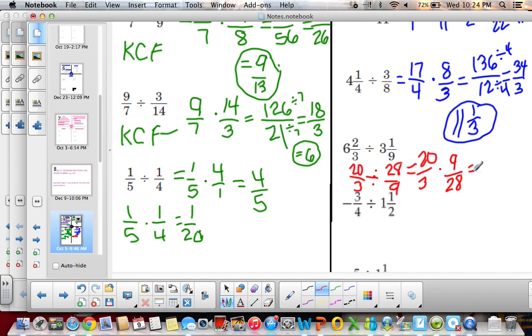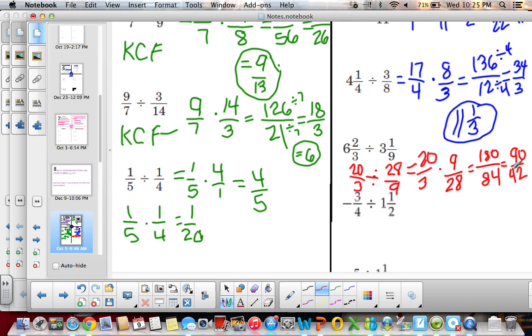So we have 20 times 9 is 180. And then 28 times 3 is 84. I know that they can both be divided by 2, and I can quickly do that so that I know that 180 divided by 2 would be 90, and 84 divided by 2 would be 42.